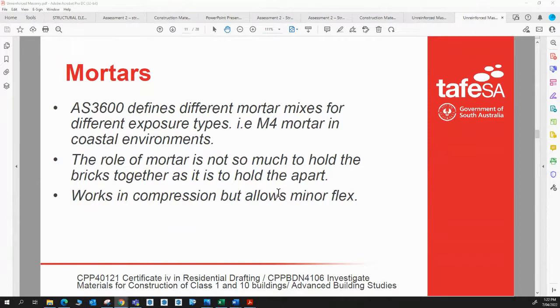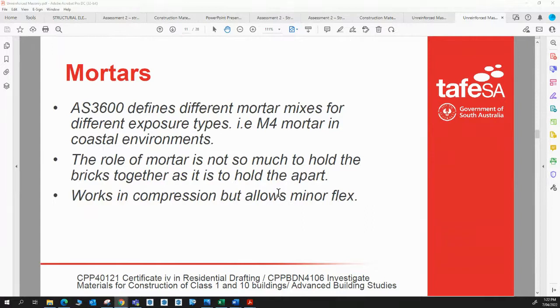So your standard mortar mix is 1:1:6. So one cement, one lime, and six sand. But your higher strength mortar mixes increase that amount of cement in the mix. That helps to hold all those sand particles better in that mortar mix in aggressive environments.